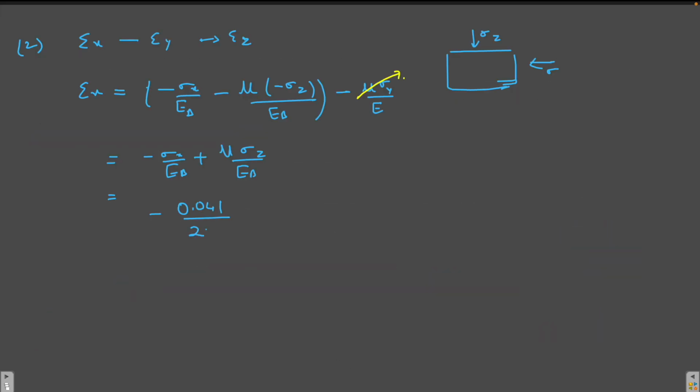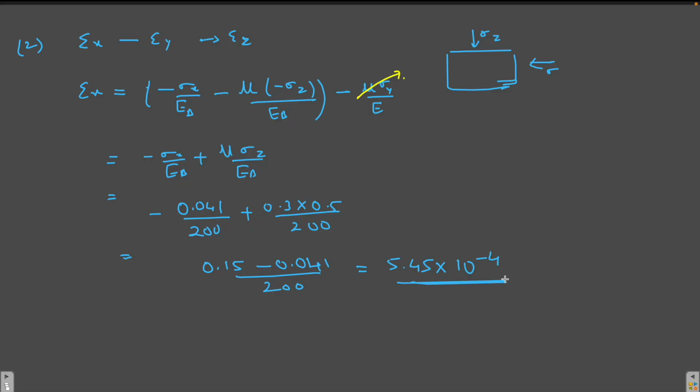So it will be 200 plus mu is given as 0.3, and sigma z is given as 0.5 by 200. Let's calculate this. It will be 5.45 into 10 to the power minus 4. This is the strain in x direction.